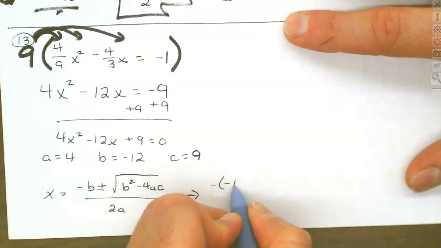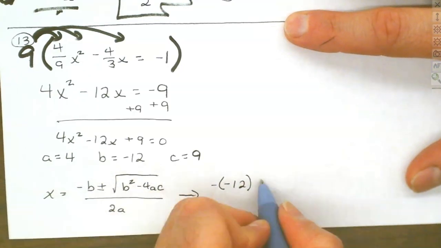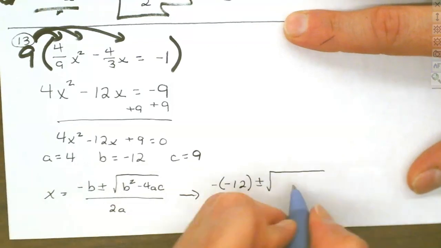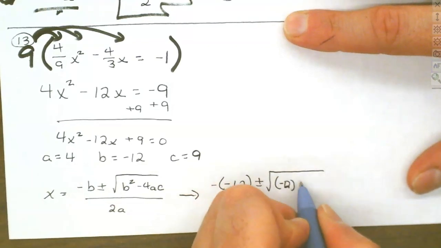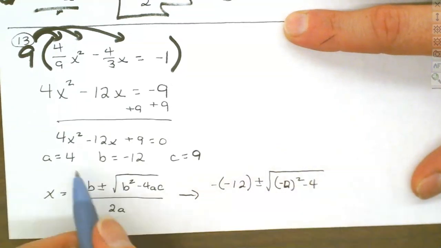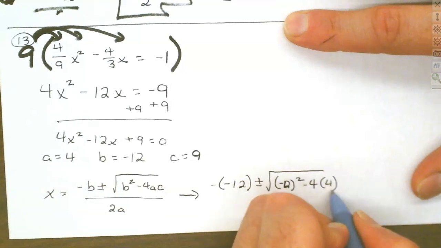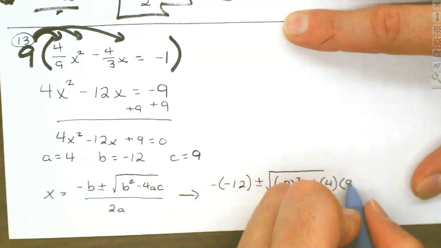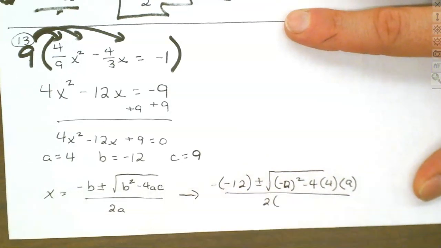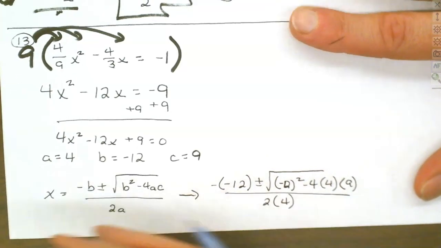So we have a negative of a negative 12 plus or minus the square root of now minus 12 squared minus 4 times A, which is 4, C, which is 9, all over 2 times 4.